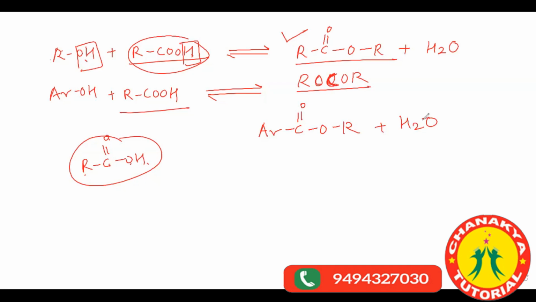Clear? Yes, ma'am. Now, if the same reaction happens with the acid anhydride, what will happen? I'll show it with a different color. Okay. Now here ROH reacted with what?